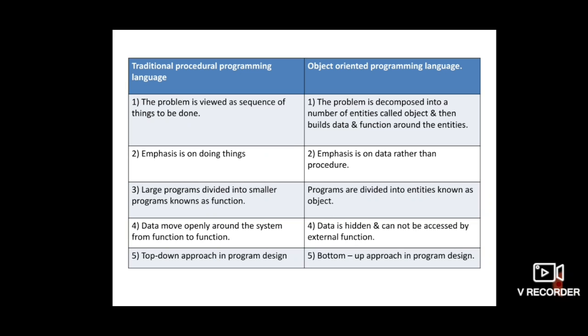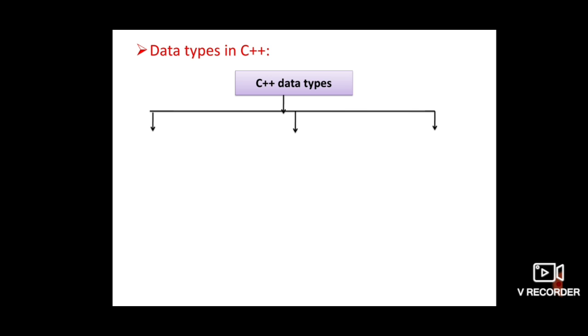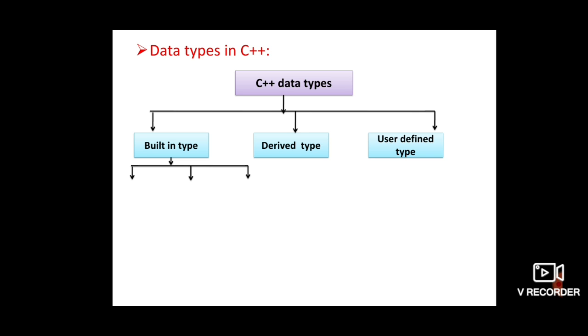Next is data types in C++. We already studied these data types in 11th standard, so just revise them. Data types in C++ are divided into 3 types: built-in data types, derived types and user defined types. Built-in data types are again divided into 3.